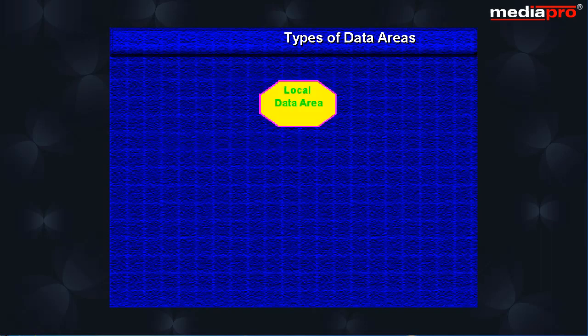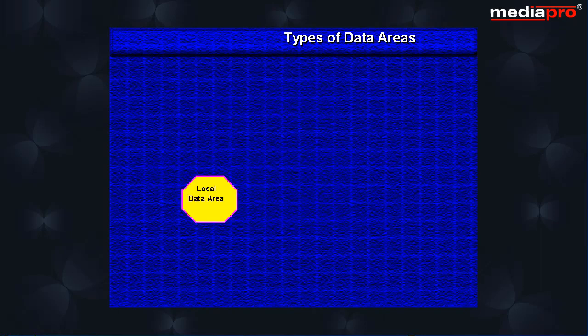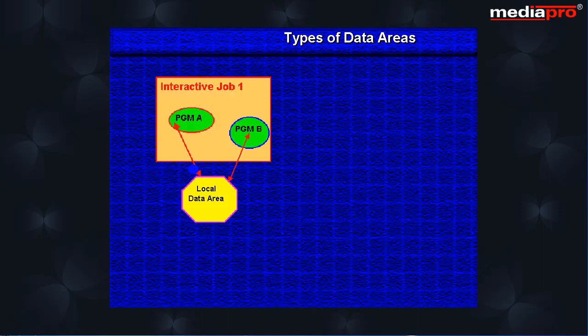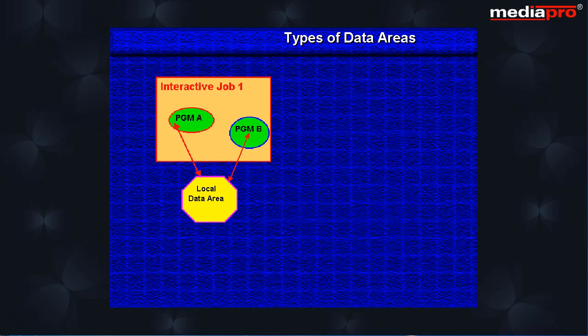The local data area is a special type of data area that is automatically created by the OS400 whenever a new job is started. It is used to pass information between the different programs running in the same job and is not visible to other jobs.